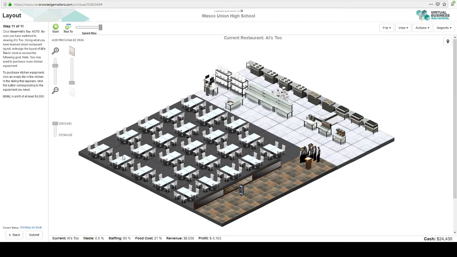Why don't I just sell this one? I'll sell that one too. Just trying to figure out how to fit some more in here. I don't think I can. Okay, let's carry on.